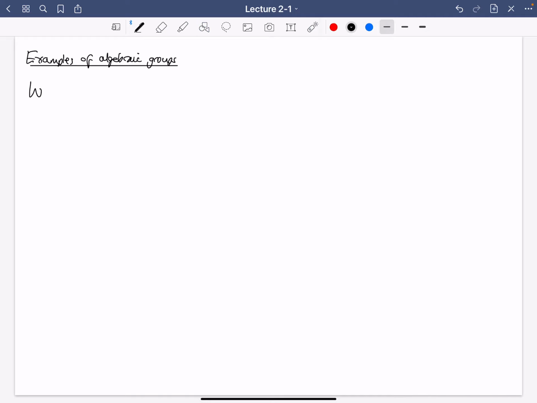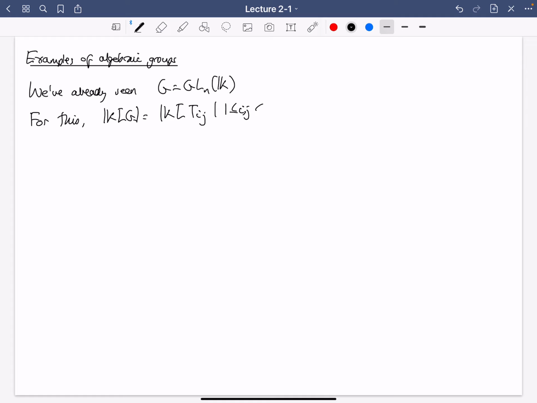So we've already seen the algebraic group G is GLN of K. For this, the coordinate algebra is the polynomial algebra in n squared indeterminates. These are the ij coordinate functions of n by n matrices, and then you have to localize at determinant, so you have to invert determinant.